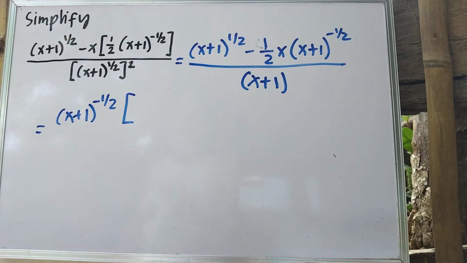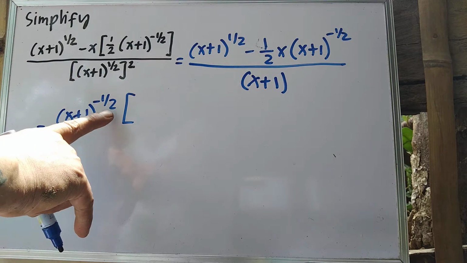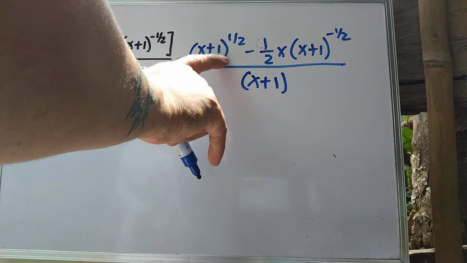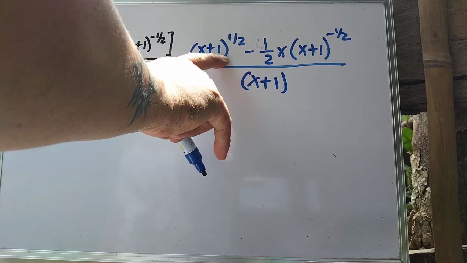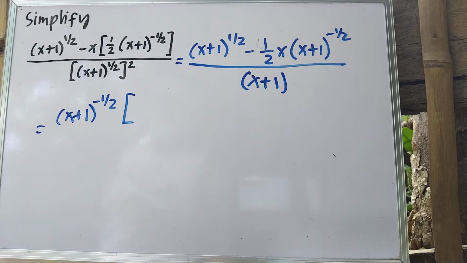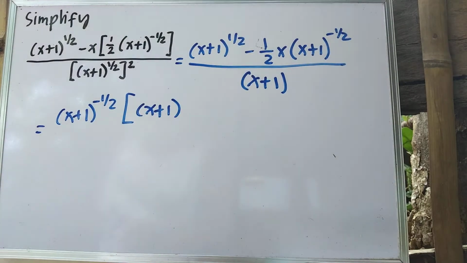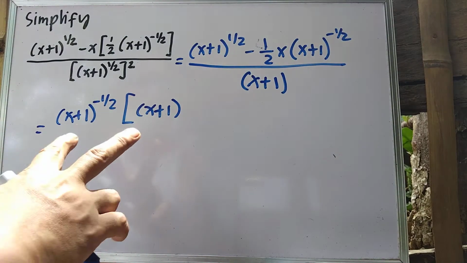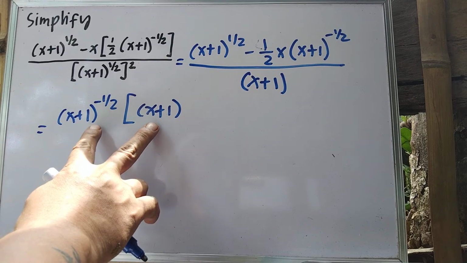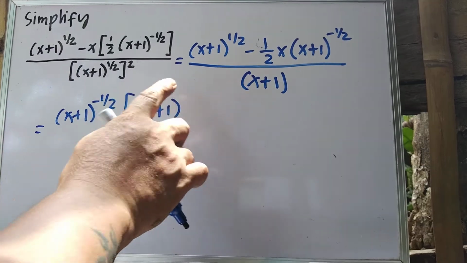Okay. So if we remove this one, what will be left here? You have x plus 1. Correct? Because if you multiply this, they have the same bases. What you are going to do is you add the exponent.